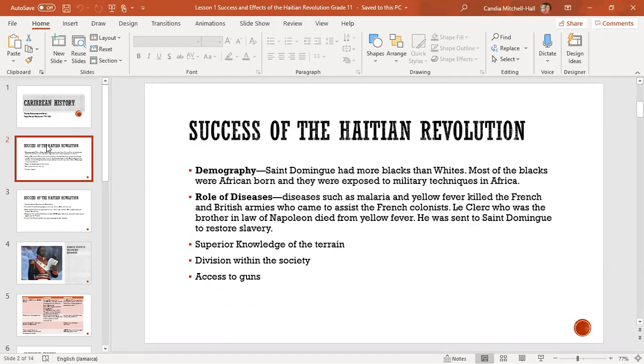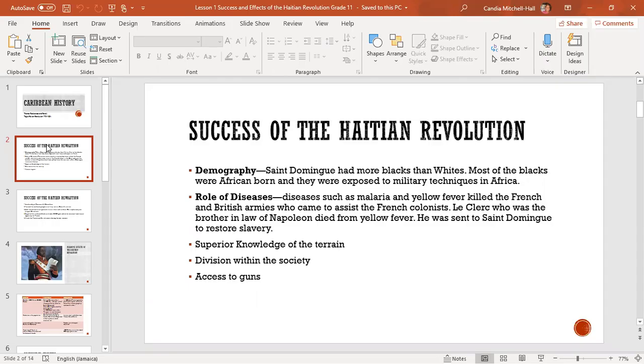One of the first points they made was demography. They stated that Saint-Domingue at the time had more blacks than whites, and that the majority of the blacks in the colony were African born.